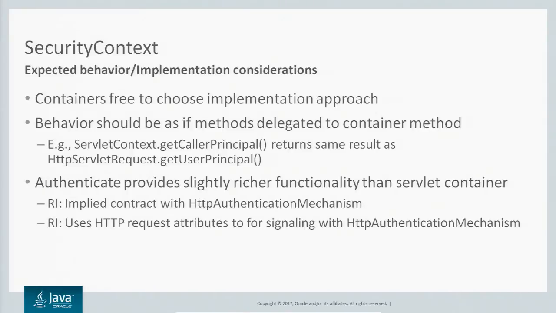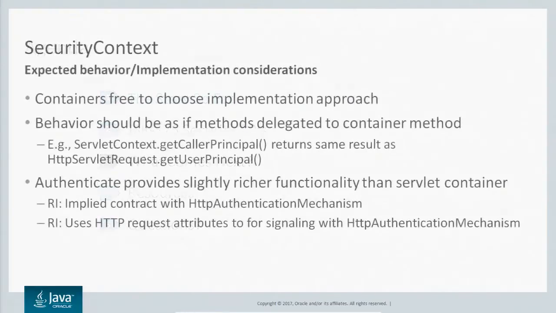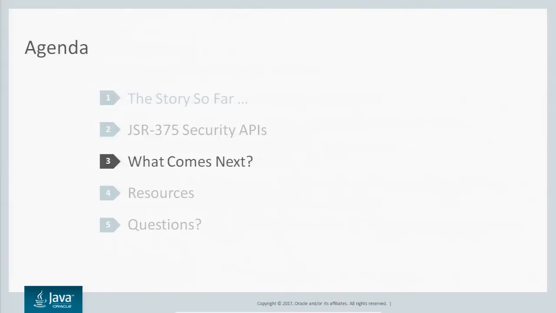Authenticate provides slightly richer functionality than the servlet container, and at the moment has sort of an implied contract with the HTTP authentication mechanism in terms of signaling that it does back and forth between the two to sort of emulate the JASPIC message flow behavior. So that's what's in 375.